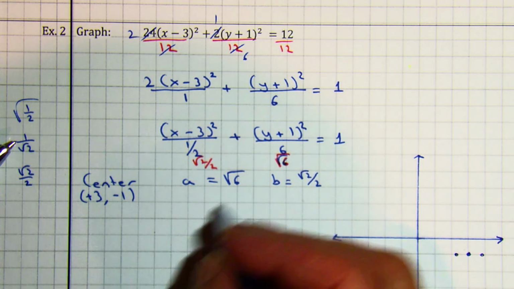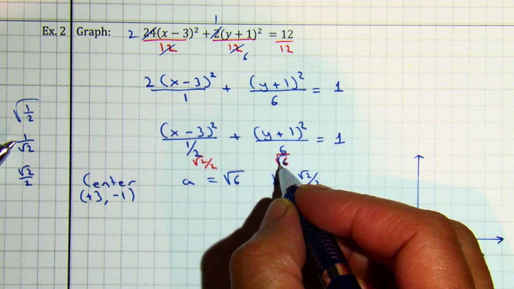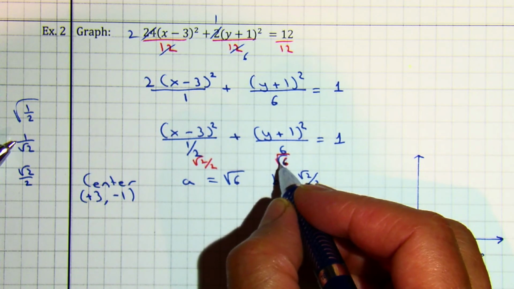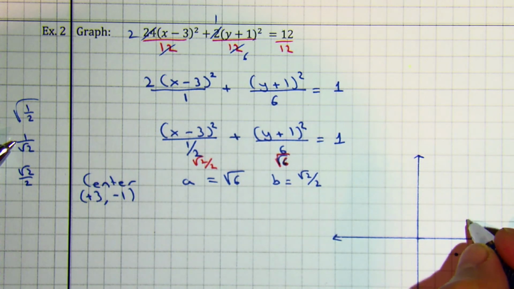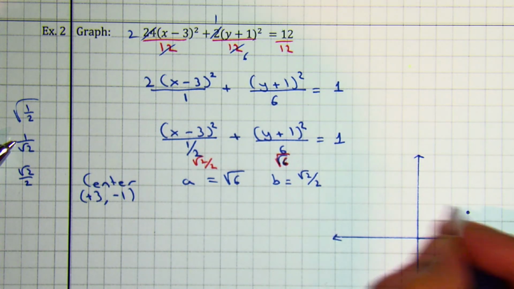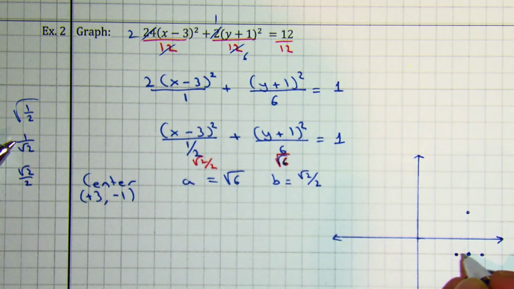Under the y, there's a 6. Square root of 6 is about 2.3, 2.5 is fine. So 1, 2.5, and I go up and down because it's under the y.